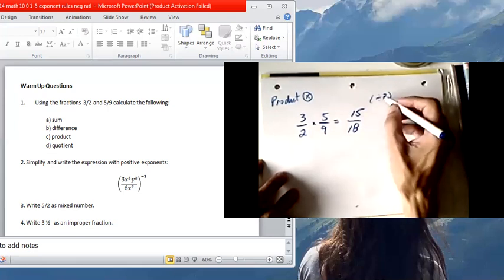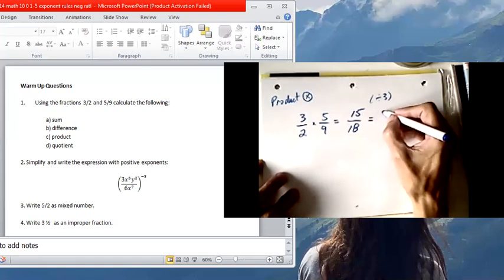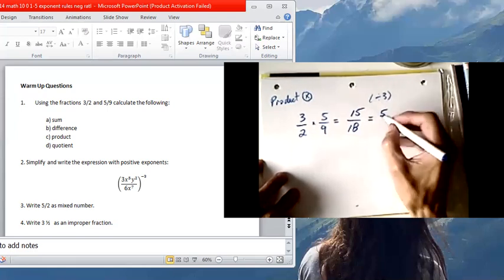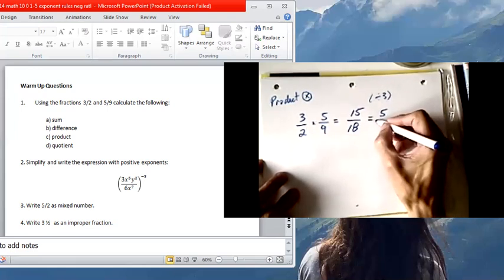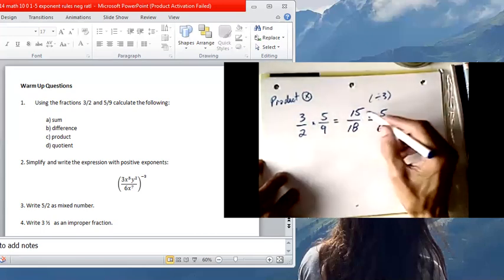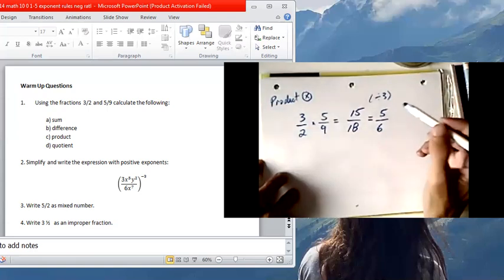So 15 divided by 3, that gives you a number 5. And now 18 divided by 3, what does that give? That gives a number of 6. And you see, the numbers are smaller like we wanted. There's also one more thing to check.